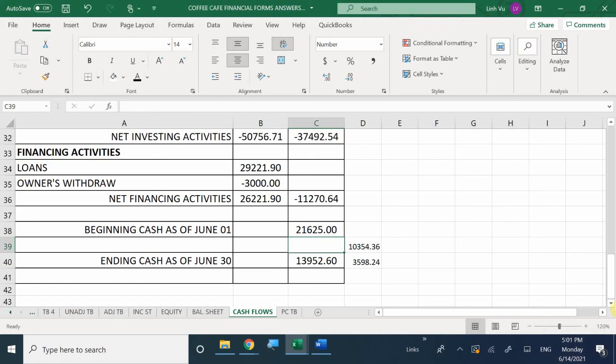I don't have a clue. I cannot explain it, but this is how you would actually take a look at the statement of cash flows and convert it into a cash basis. Once again, that's what you're supposed to do, but I don't know where these $3,000 disappeared to. I don't know where they are.